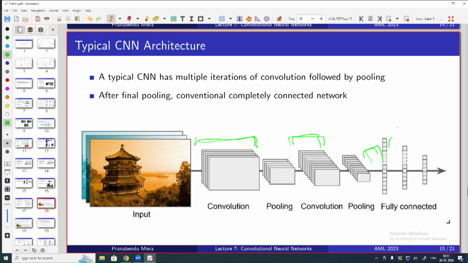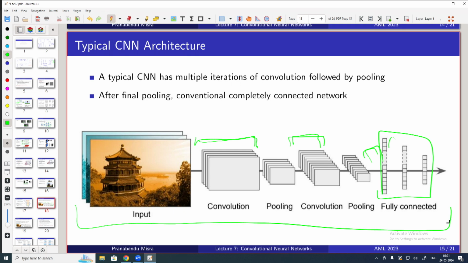Based on that information, you have some simple fully connected layers like what I was showing originally, and that takes all this processed information and produces some decision out of it. So, this is the structure of convolutional neural networks. It is very simple, at least mathematically. The complexity is that there are many such layers.